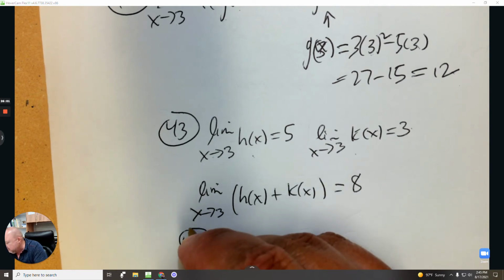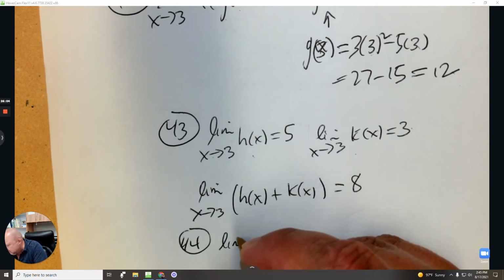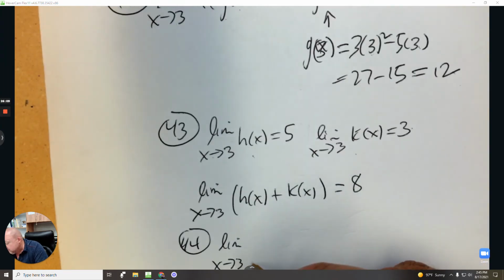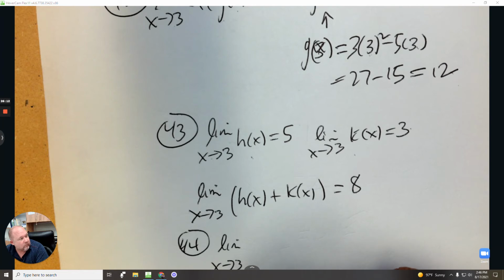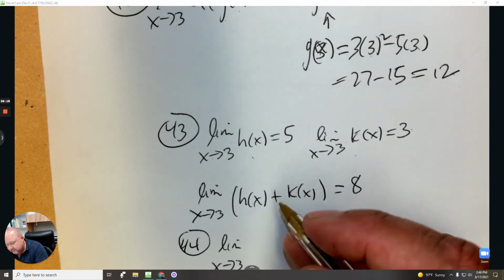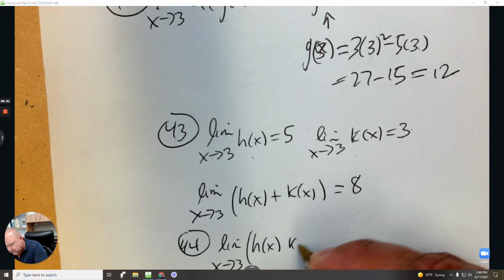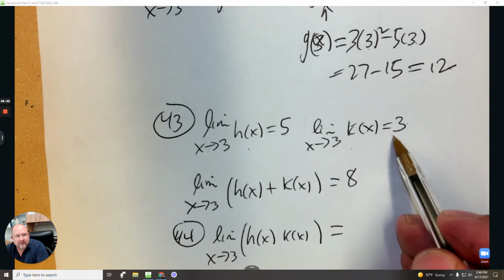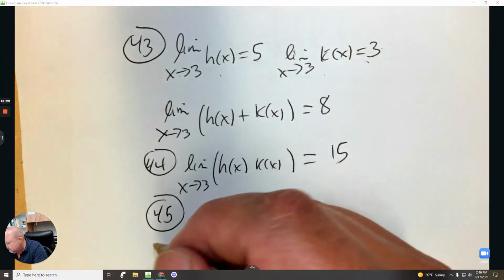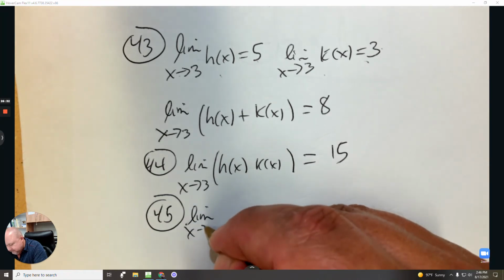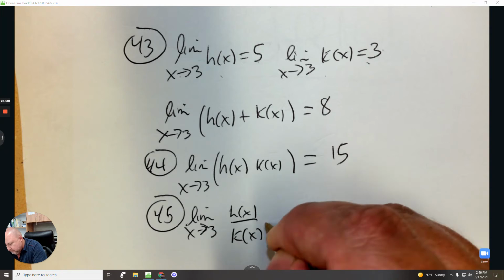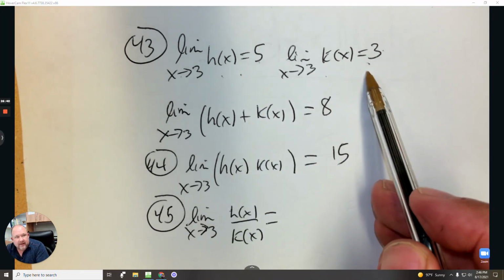For number 44, you're multiplying them together. So 5 times 3, that's 15. Here we're going to divide. So h divided by k, that's 5/3.